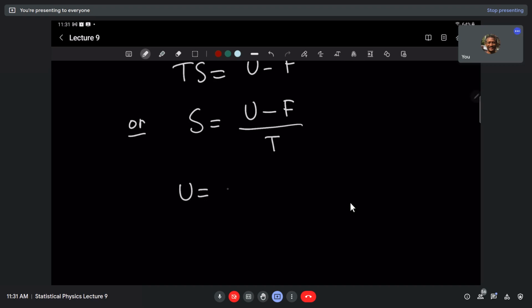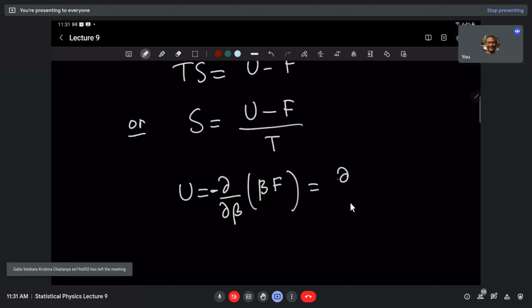U was minus d by d beta of log Z, but I want to write everything in terms of F, so I'll write it like this. So this is equal to dF minus beta times dF.